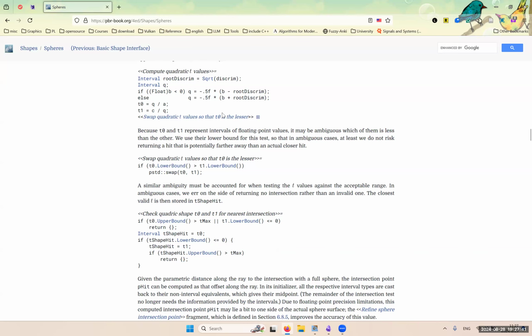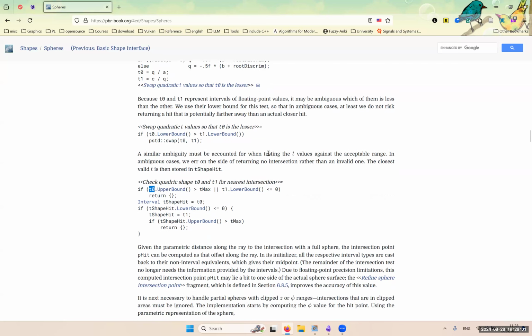Oh, yeah, I guess so. So T1's lower bound should be greater than T0's lower bound, and same for upper bound, but they may overlap with the upper bound and lower bound, but not the other way around. I see.